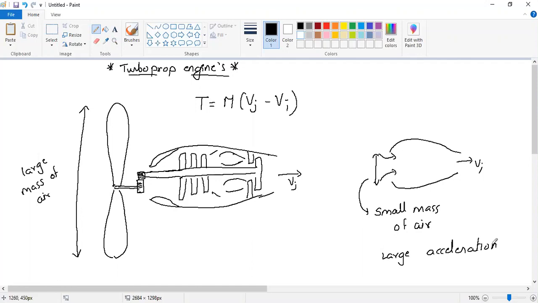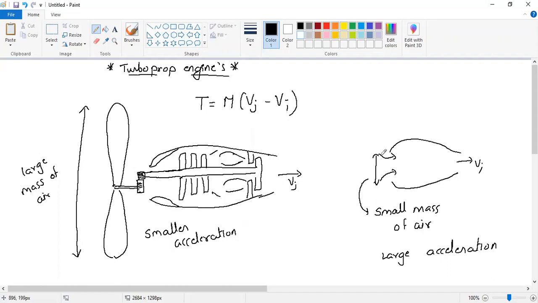In jet engine, I will take the small mass of air and I will accelerate it to a very large value. Whereas in propeller driven aircraft, I take a large mass of air and smaller acceleration. Understood?